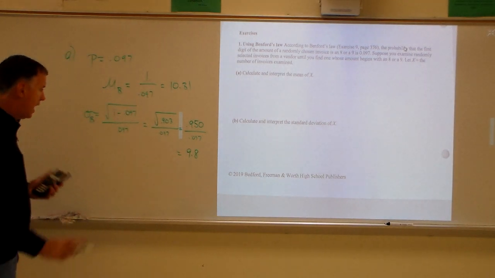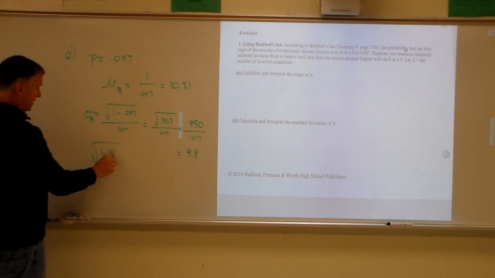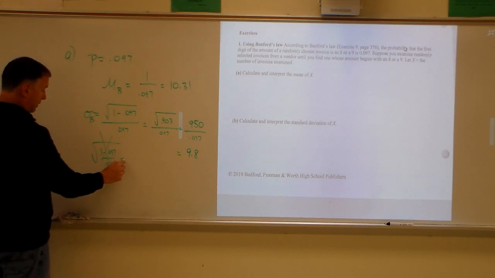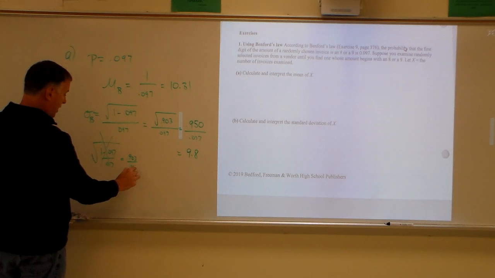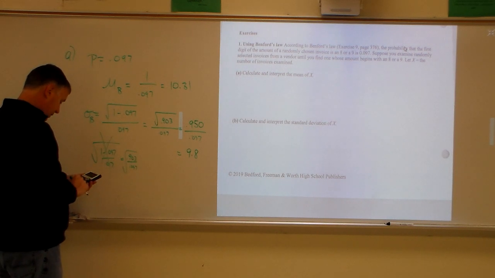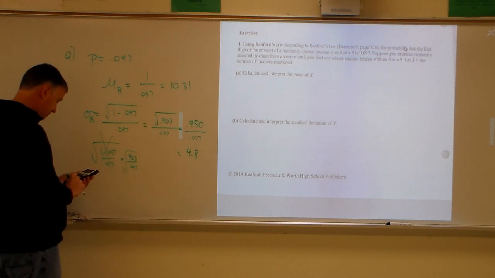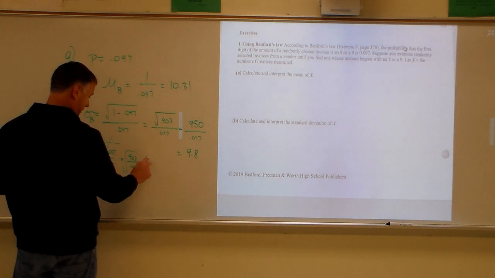And I want to show you that if I did it the other way, 1 minus 0.097 divided by 0.097, this is wrong, but I'm showing you that. This is 0.903 divided by 0.097, which is 9.31, and then taking the square root of that.